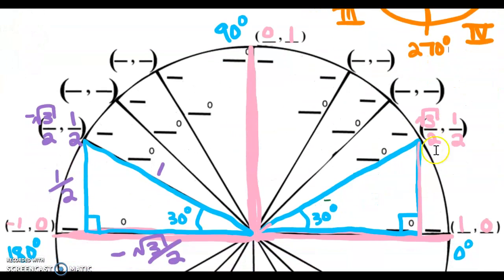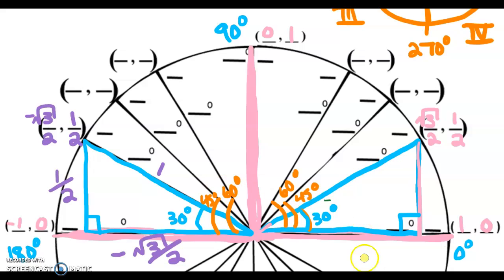When we go back to what we have written here, you'll see that we have quite a few lines that are drawn, and those refer to the other special angles that we have in our special triangles, whether it's 30 degrees that we've already drawn here, 45 degrees, or 60 degrees. And those continue to happen throughout each quadrant.